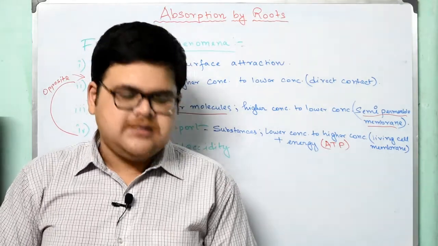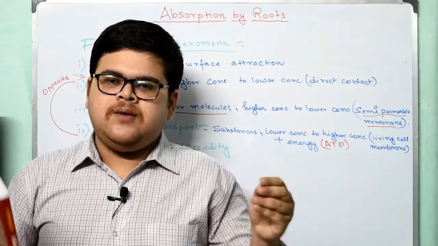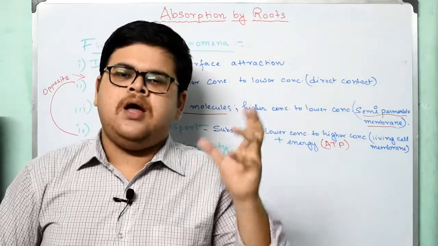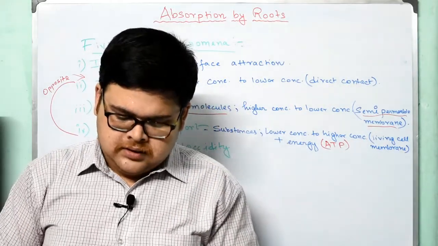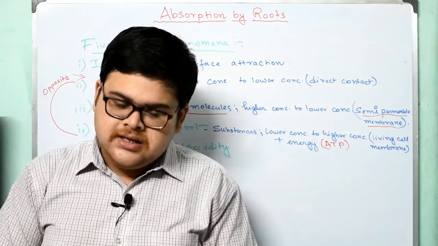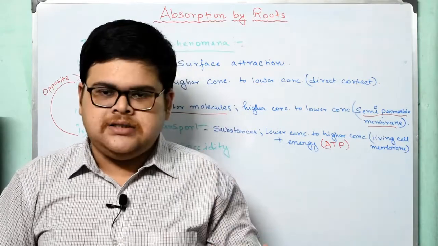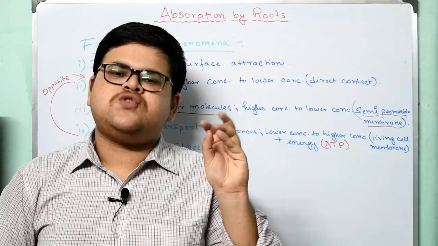See, what happens in turgidity: water molecules cannot enter because it is fully in a balanced state. In flaccidity, what happens is the reverse of turgidity, where the cell shrinks.